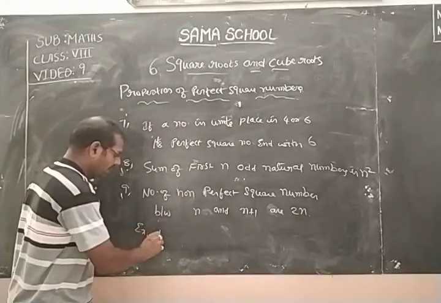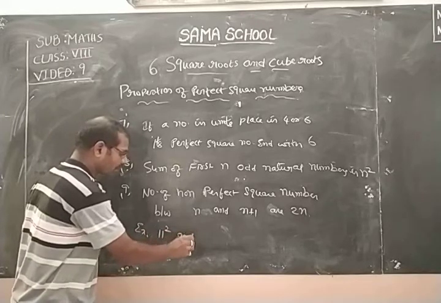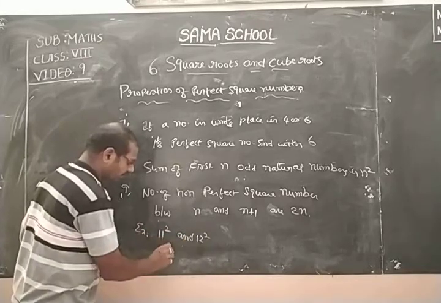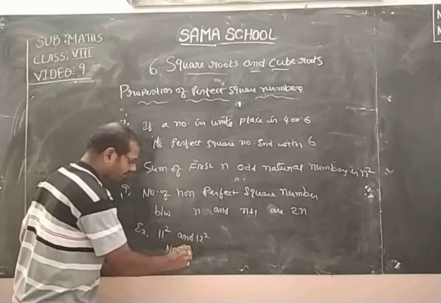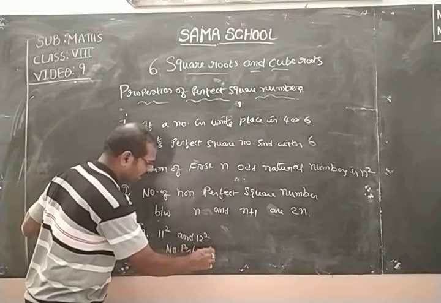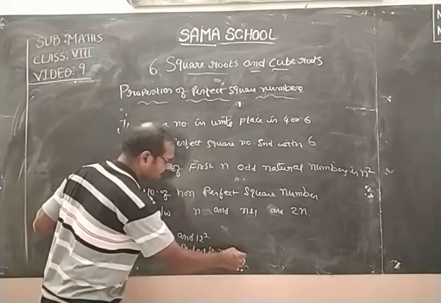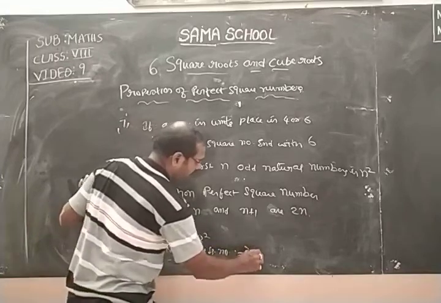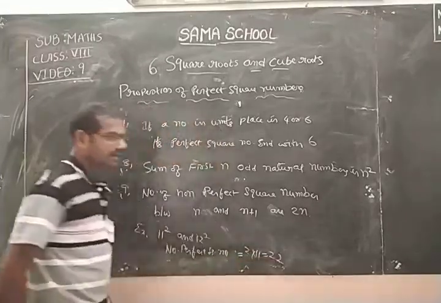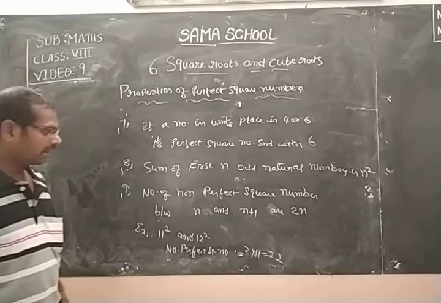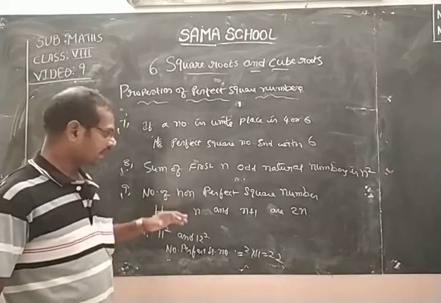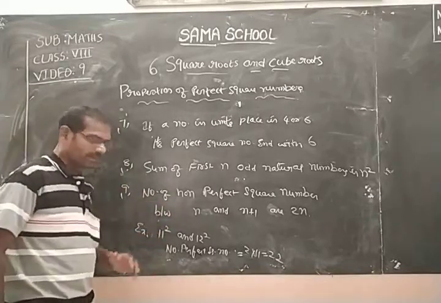Example: 11 square and 12 square. The non-perfect square numbers here: you should write 2 into 11. How much? 22. Like that, we can say clearly, it is the 11th property.